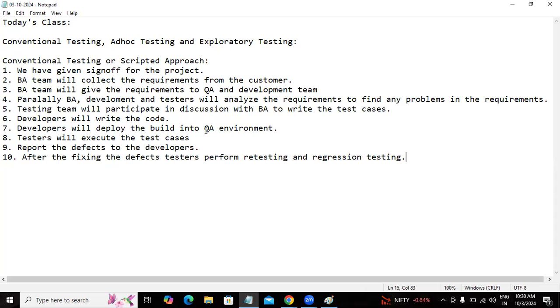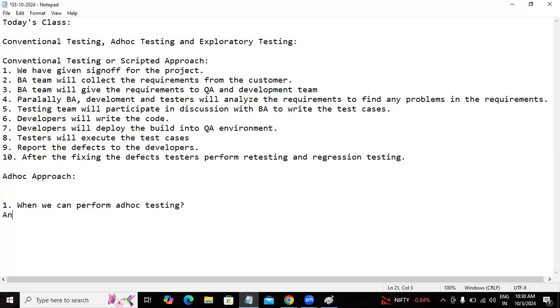Okay, now comes ad hoc testing, the ad hoc approach. Ad hoc approach is nothing but, see, when we are going to perform it, here I'm going to mention one question also: when can we perform ad hoc testing?